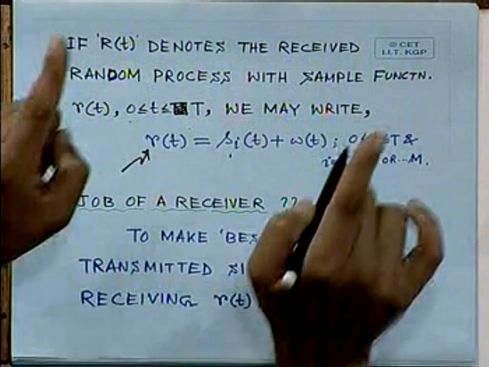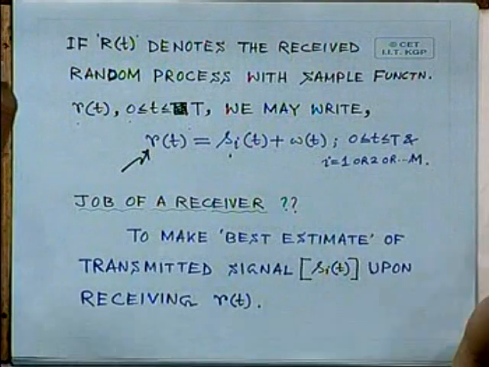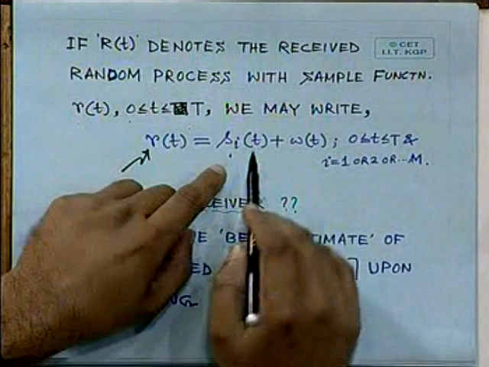One is that, fundamentally, what we receive is r of t. There is no uncertainty about this. I receive some r of t when I observe over an interval capital T, no uncertainty involved. But what I receive is uncertain because r of t has two components, both fundamentally random. s i of t is a random thing.